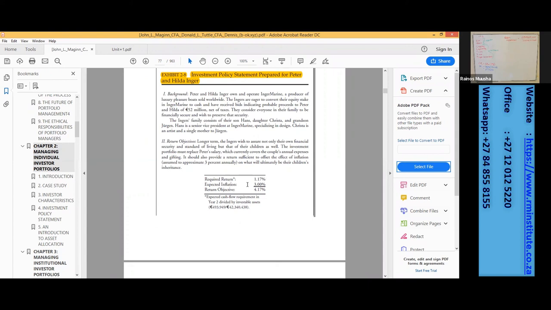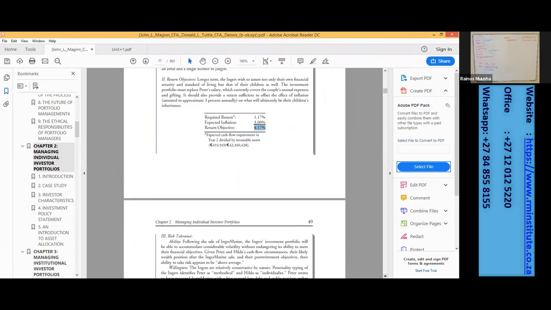Then the expected inflation is 3%, which means that the return objective for the Inga family in this case is going to be 4.17%. So this is how we're able to estimate the return objective for the family. Is there any question when it comes to the return objectives before we go on to the risk objective as well?